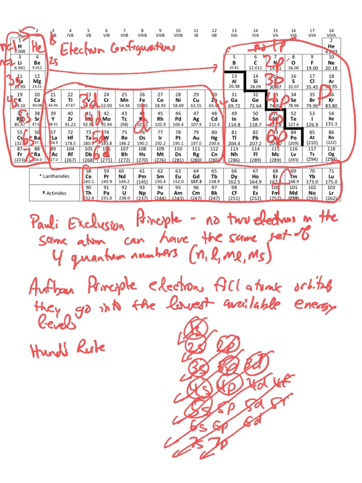6d. And 7p. Now along the way, I've skipped over the f's, and from cerium to lutetium, they fit in between lanthanum and hafnium. And we're in the f block. s has started with 1, p start with 2, d start with 3. So these are the 4f's. So they fit in between the 6s and the 5d.